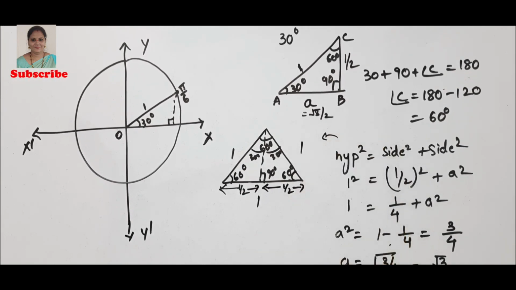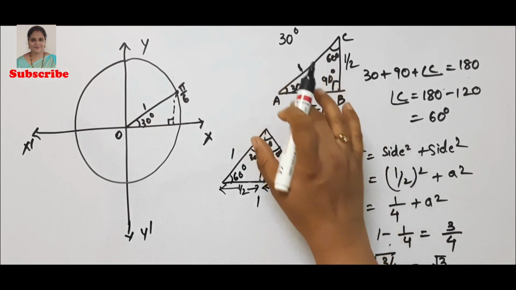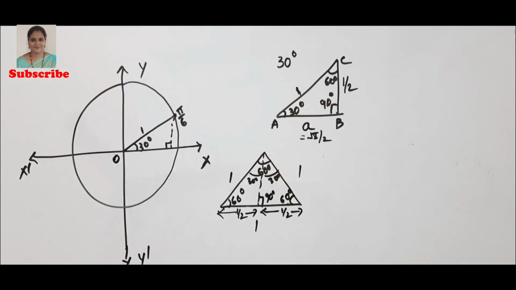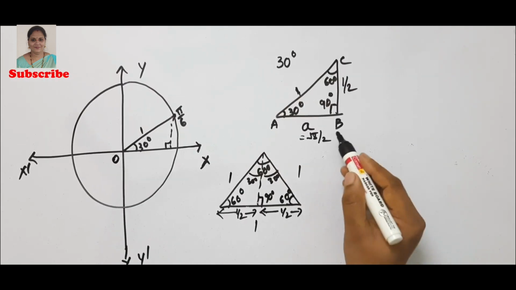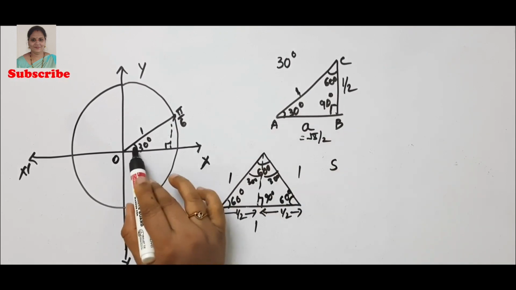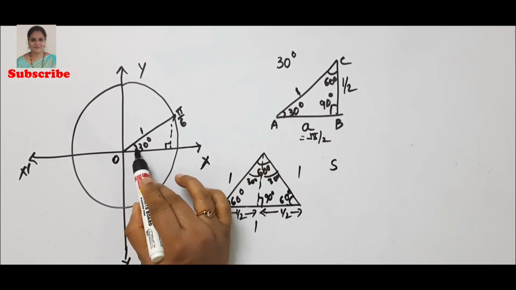Then we can easily find trigonometric ratios, is it not? So using the values of the lengths of this triangle, let us find the trigonometric ratios. We are calculating the angle here, so we have to take this angle into consideration.